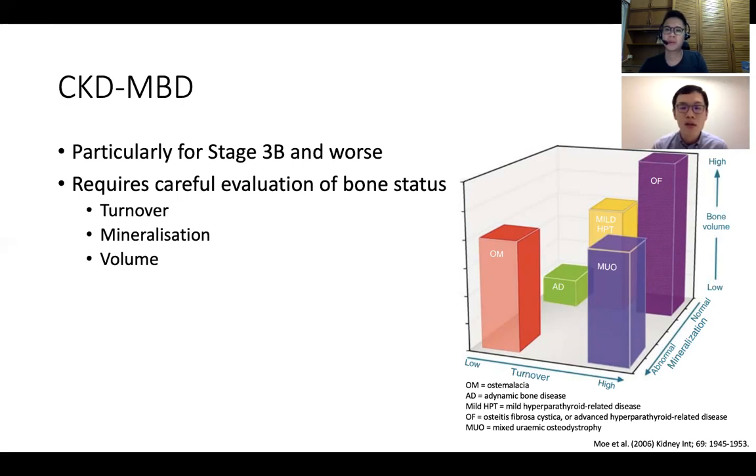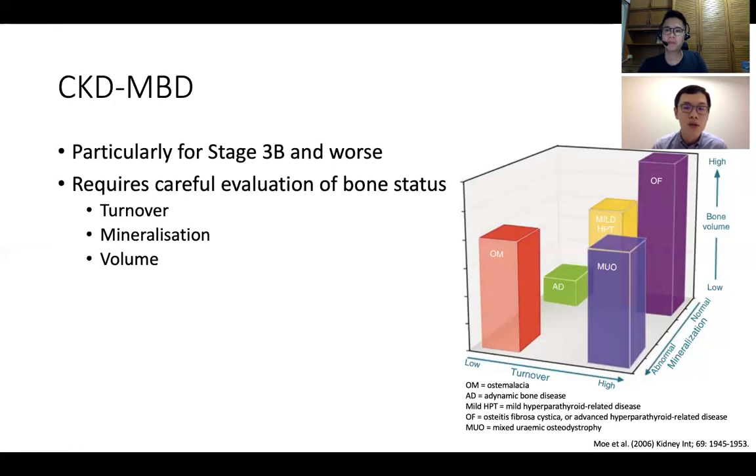In these cases, we really need to be quite careful how we assess their bone status, because not all of them actually have osteoporosis in the sense of increased bone turnover. If they already have low bone turnover and we give them an anti-resorptive, which further reduces the bone turnover, then that's actually harmful for them. You can get adynamic bone disease, which is very severe.